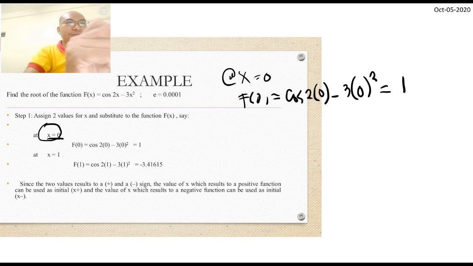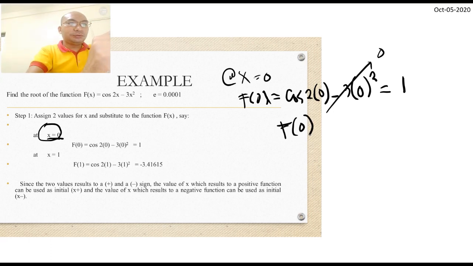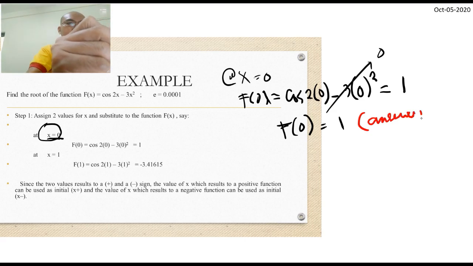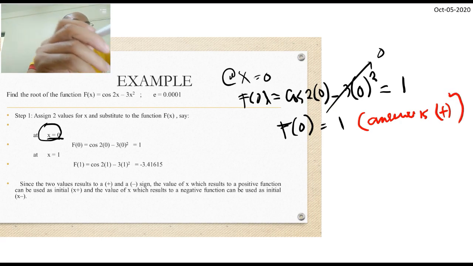Since cosine of 0 is equal to 1, the value of f of 0 is equal to 1. Take note that this answer is positive.